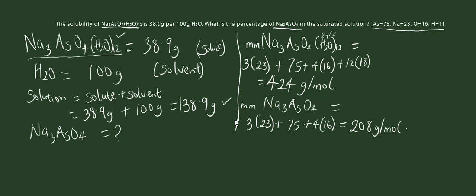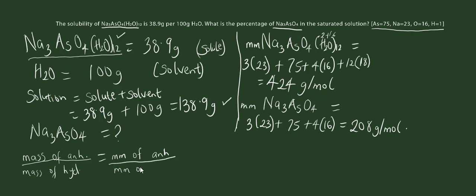Now, how do we calculate the mass of sodium arsenate? I am going to use a formula. The formula is mass of anhydrous salt divided by the mass of hydrated salt equals the molar mass of anhydrous salt divided by the molar mass of hydrated salt.